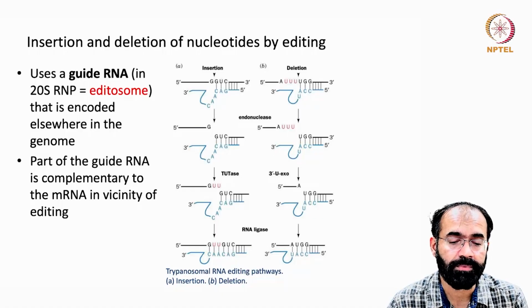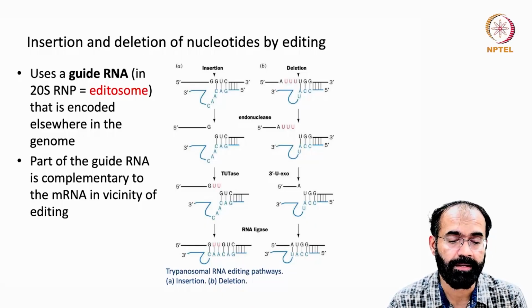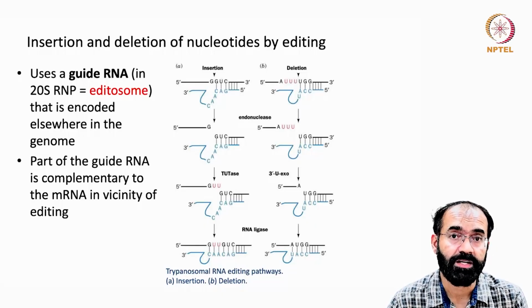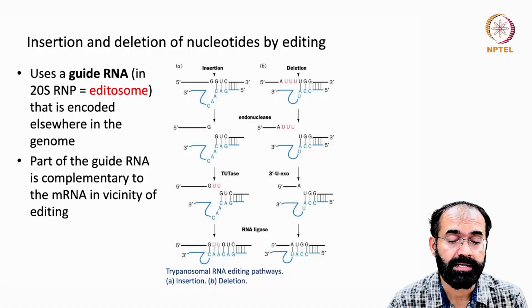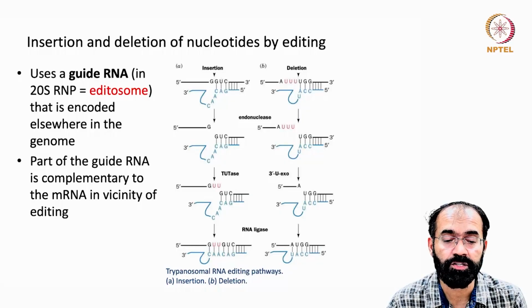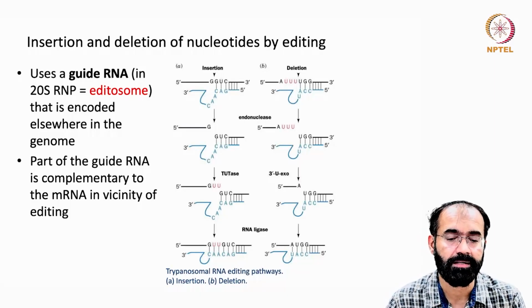Then this editosome can create a nick between these 2 Gs. It creates a nick and separates the strand. Remember that the strand is not lost; it is there in the vicinity. Once this endonuclease action is done, there is an enzyme, TUTase, terminal uridylyl transferase. The endonuclease comes and cuts because the editosome, once paired with this mRNA, can be recognized as a substrate by the endonuclease.